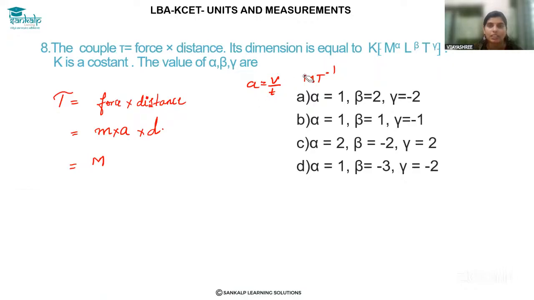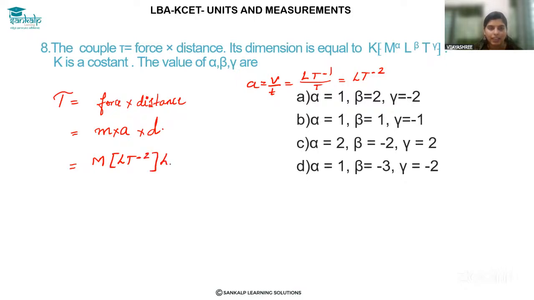Meter is a unit of length, no? So meter per second, meter is a unit of length, and t raised to minus 1, divided by t, which is equal to L T raised to minus 2. So acceleration is L T raised to minus 2.